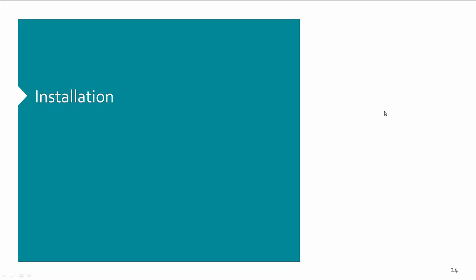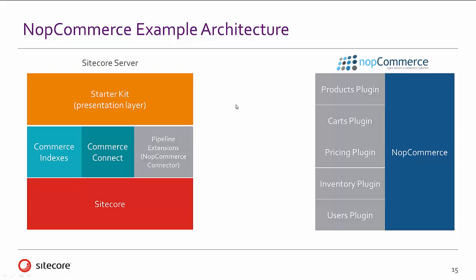So let's now talk about installation and architecture. So we're looking here at the example architecture for the NopCommerce installation. Now, of course, at any Sitecore installation, you're starting with the Sitecore repository. Next, we'll be installing a package with Commerce Connect. That in turn will build the commerce indexes as necessary.